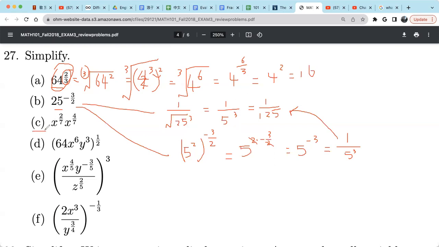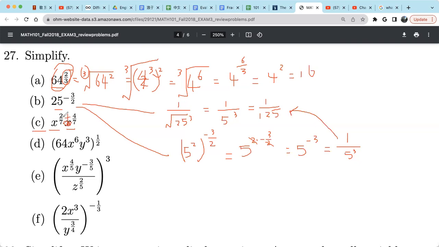Let's see C. In C, we have two bases. No operation means multiplication. We have x raised by 2 over 7, then multiply by x raised by 4 over 7. With the same base, multiplication indicates adding the exponents.